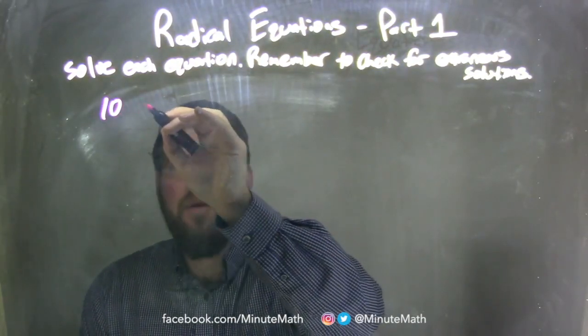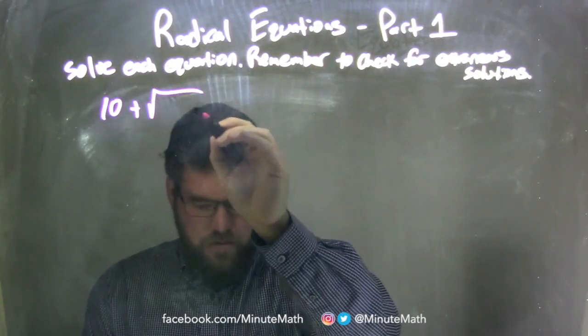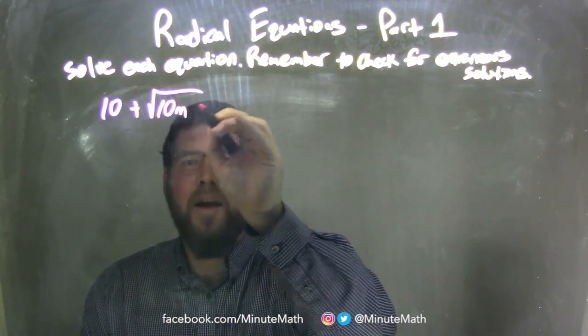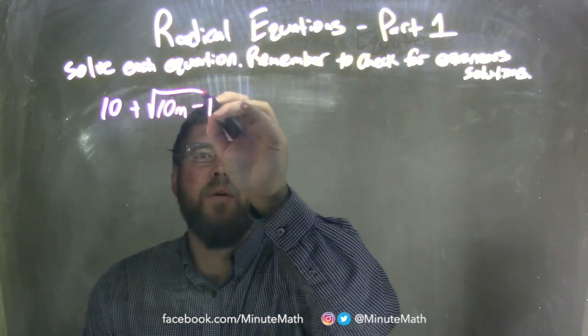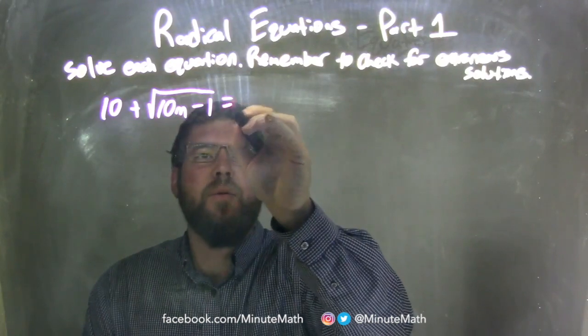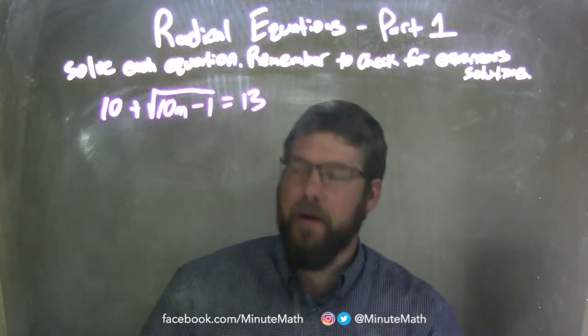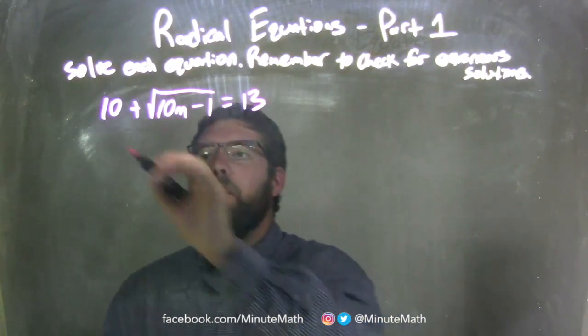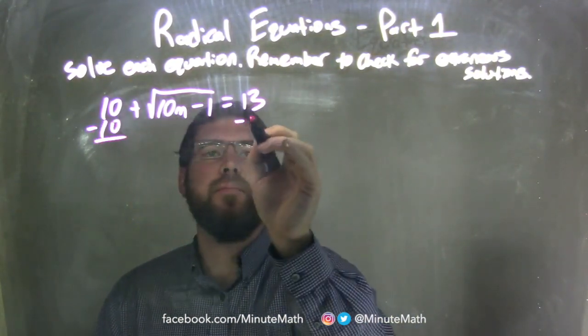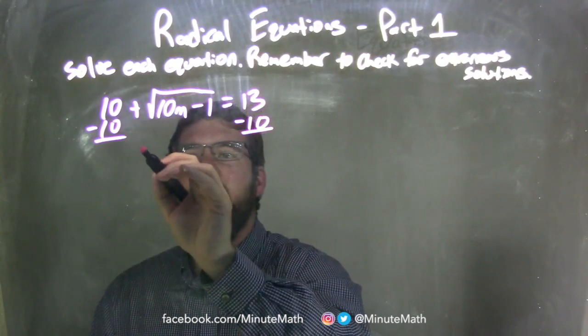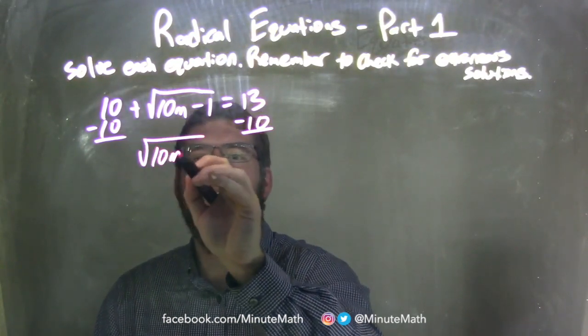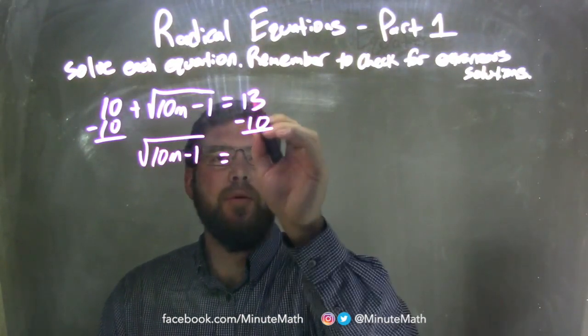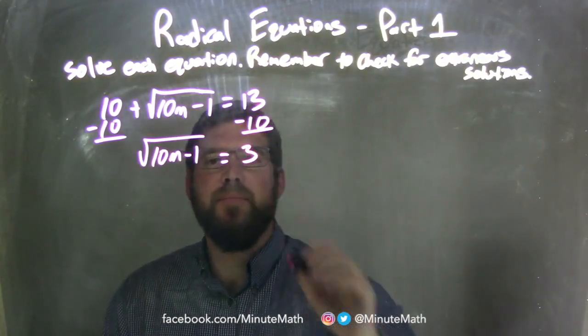10 plus the square root of 10m minus 1 equals 13. Okay? Well, we first need to isolate the radical, right? The square root. So I'm going to subtract the 10 from both sides. In doing so, I'm left with the square root of 10m minus 1 equals 13 minus 10, which is 3.